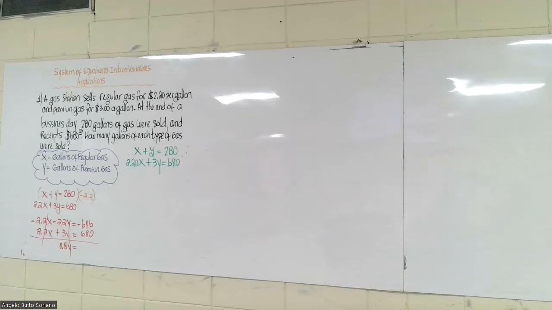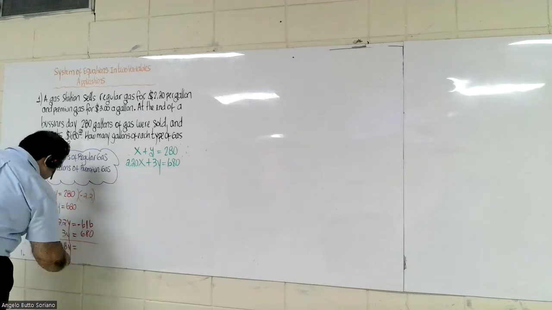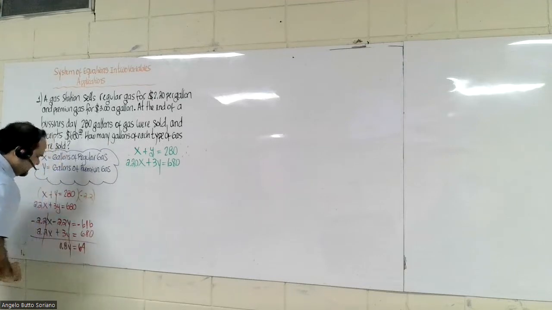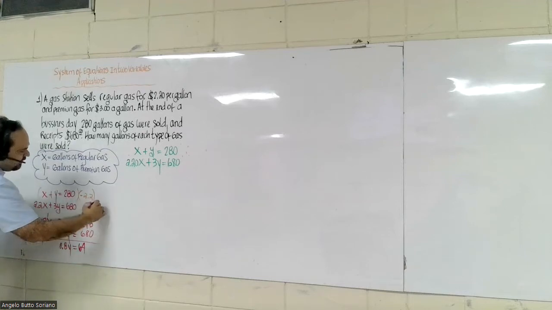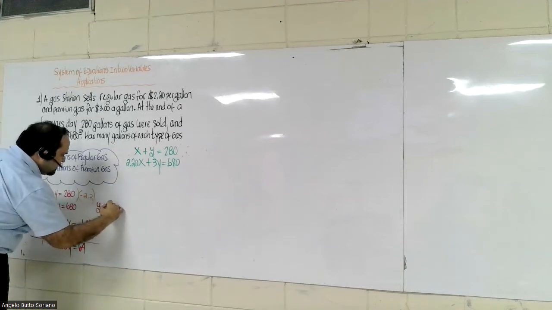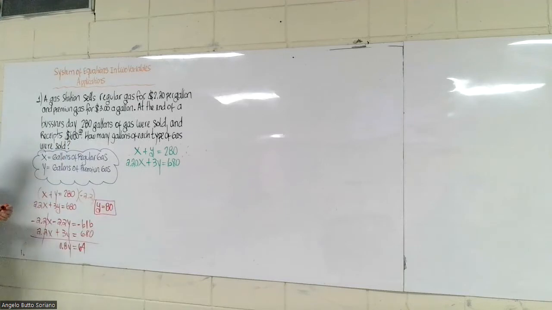And 680 minus 616 is 64. For that reason, solving for y, y equals 64 divided by 0.8, which is 80. And we have the first solution.